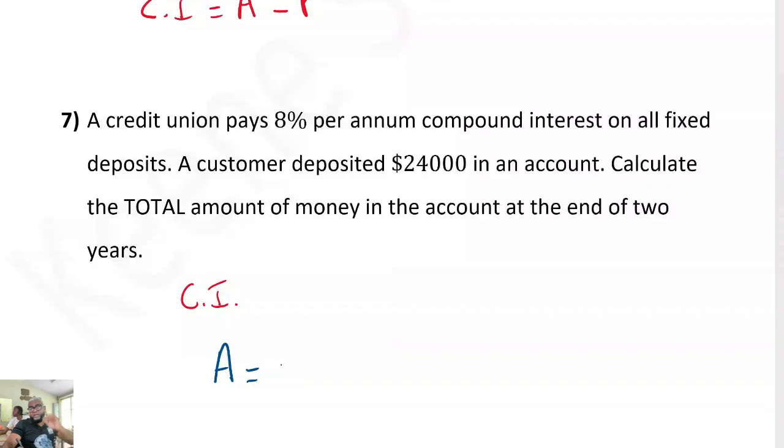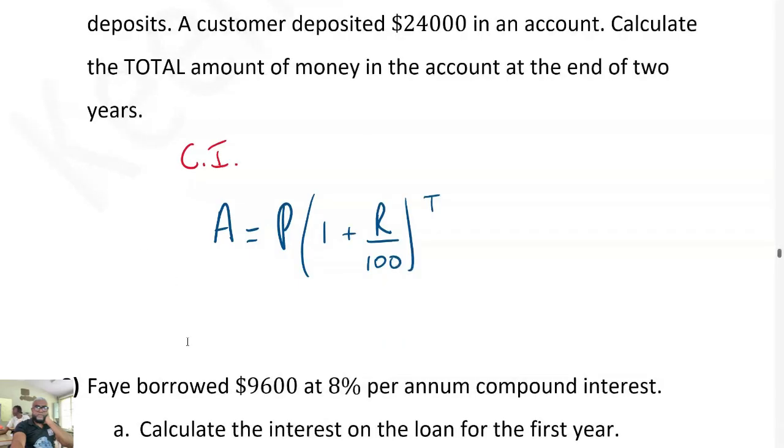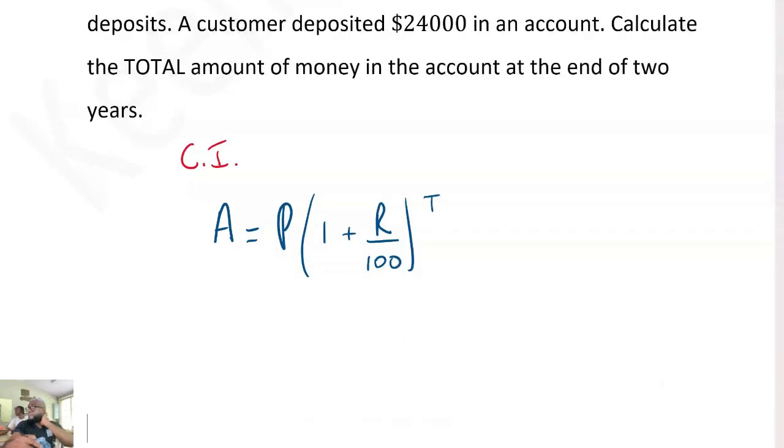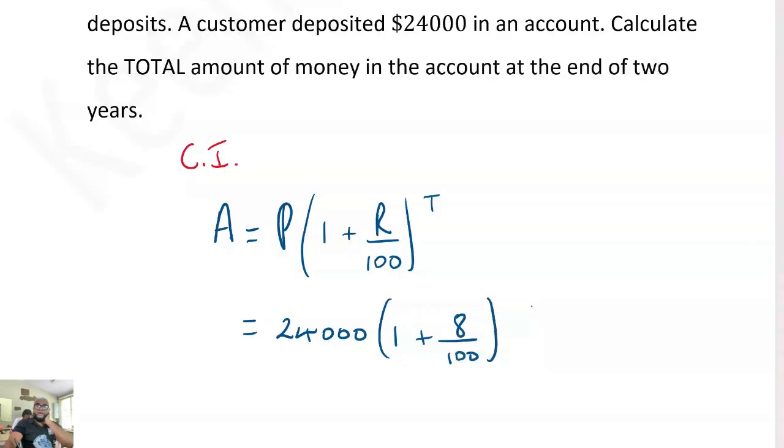is going to be equal to principal multiplied by 1 plus rate over 100 to the power of t. So let's look. This is what we're trying to find, right? The amount. So this will be equal to, we said the principal is 24,000. Everybody agrees? Then you have 1 plus 8 over 100. Cool? So the power of how much? 2. So somebody punch it in on the calculator.